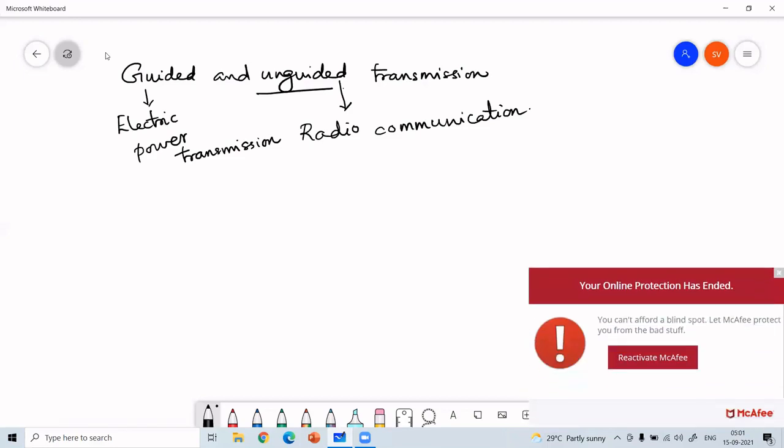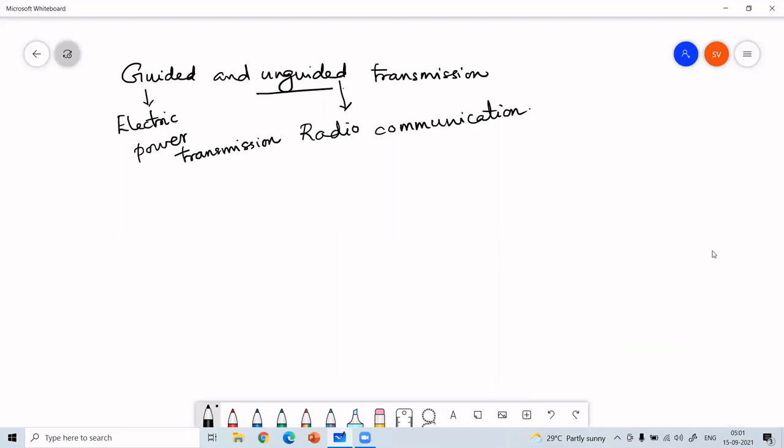So in unguided media, the signal energy propagates through a wireless medium, while in guided transmission, the signal is transmitted either through a transmission line or a waveguide.